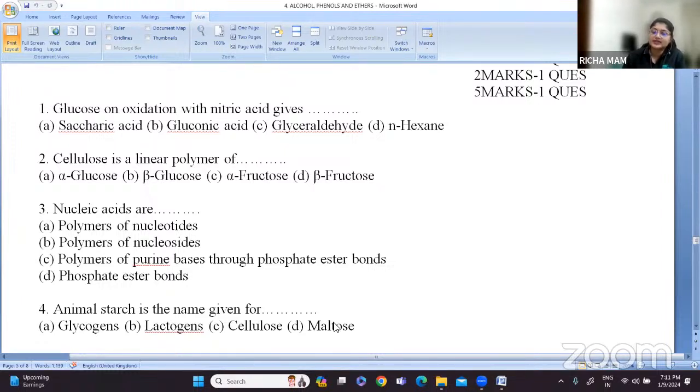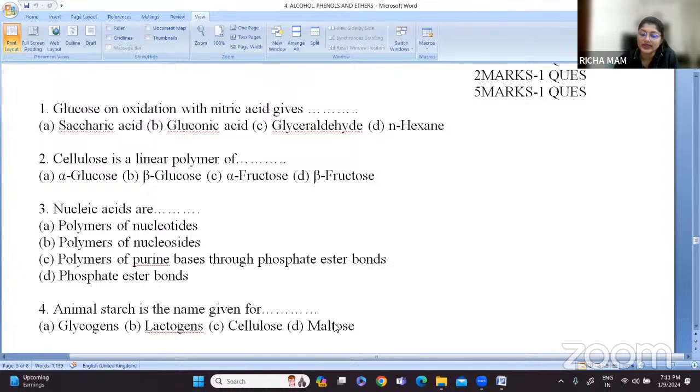Then the fructose cyclic structure, the Haworth structures. Please study the Haworth structures, they are very important for the exam. You have to practice the Haworth structures of glucose, fructose and sucrose. Then the importance of glycogen, and cellulose.